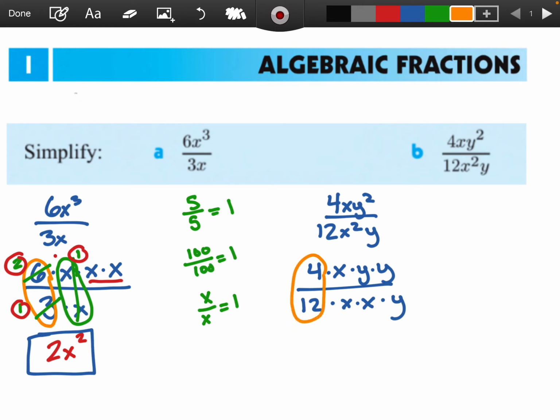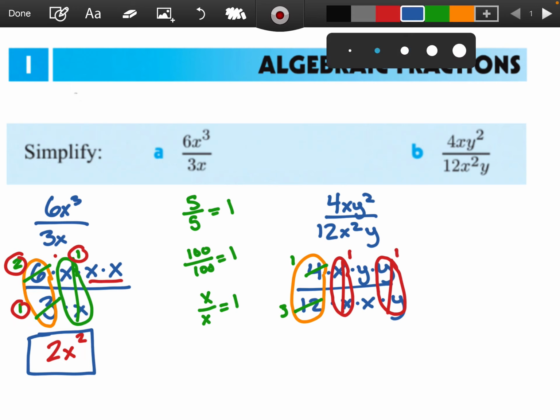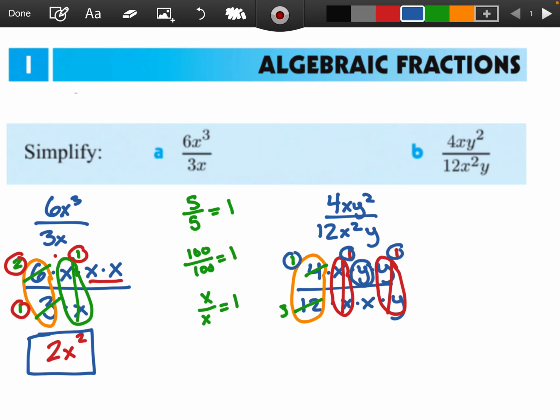And then I start to look at my letters. I see 1x here, top and bottom, that will cancel, and 1y here that will cancel, or in effect reduce themselves down to 1's. That's as much simplifying as I can do with the letters. Then I look at what's left over. On the top I have 1 times 1 times 1 times y.